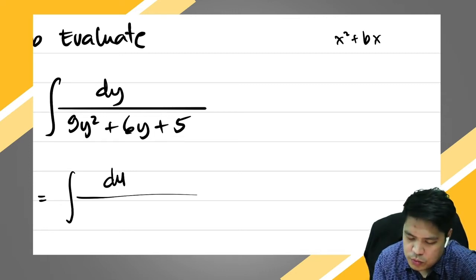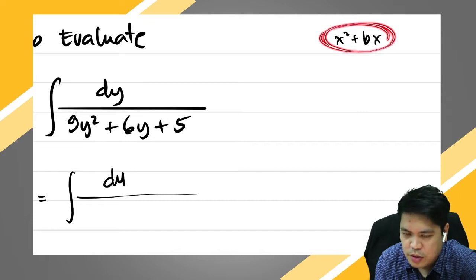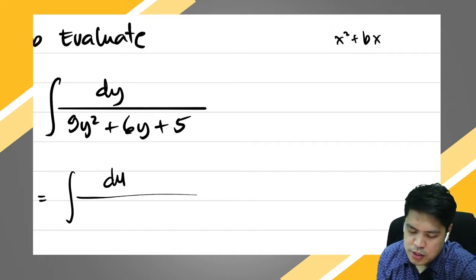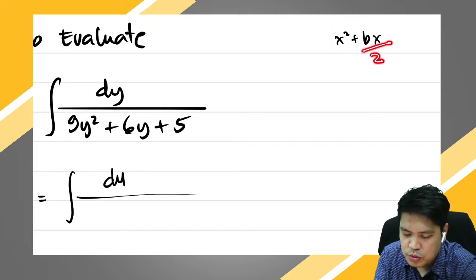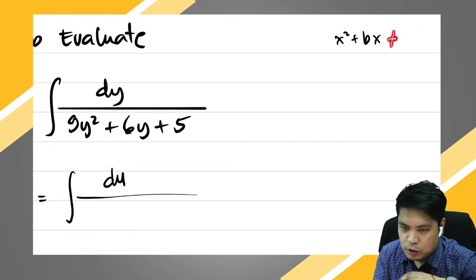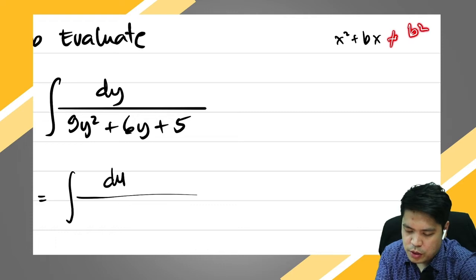So, what should we add here na perfect square trinomial siya? So, what we do, we divide this by 2 and then we square it. Right? So, we need to add here b over 2 squared. So, that's b squared over 4.